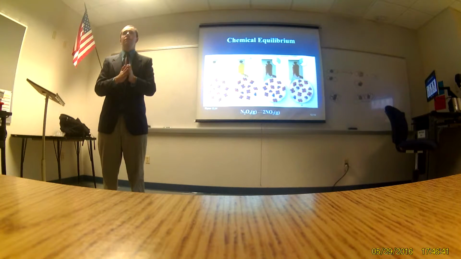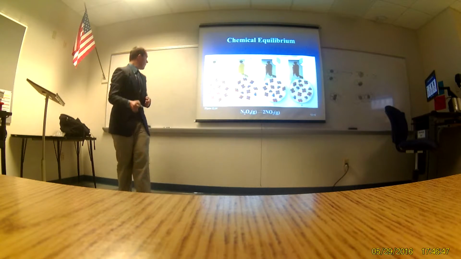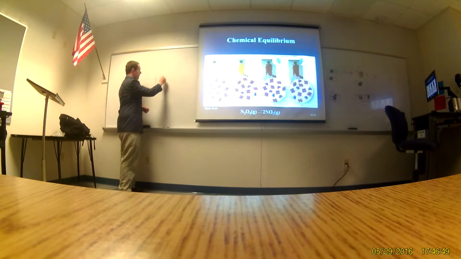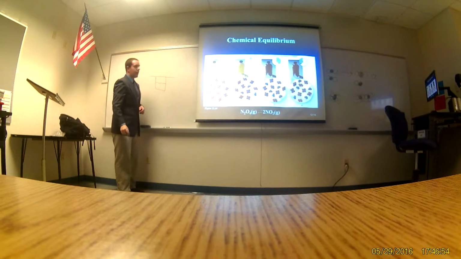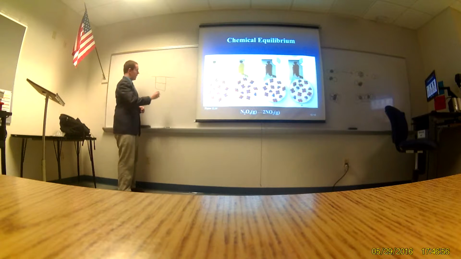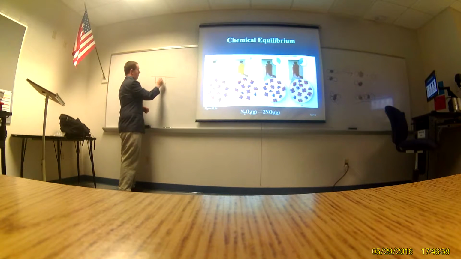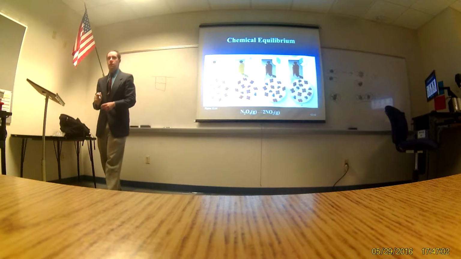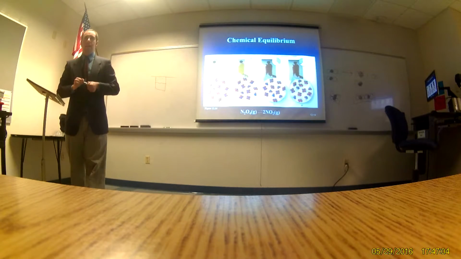How did we use the term equilibrium in terms of vapor pressure? Vapor pressure was when we had a glass of water with a lid on it, and some of the water molecules came up here. What does that have to do with equilibrium?